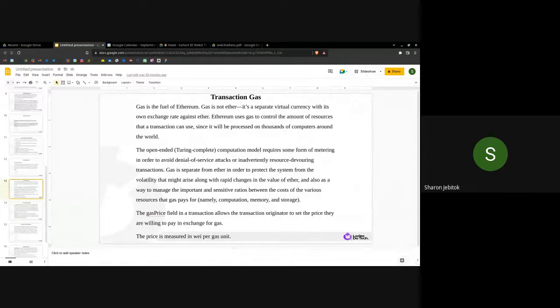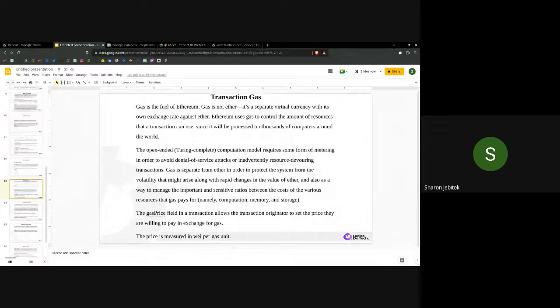When they say gas price or gas fee, it means the amount of gas has been converted into a currency. That's why they're saying that gas is not Ether. It's just a virtual currency, like how we have our local currencies and they're always compared against the US dollar.